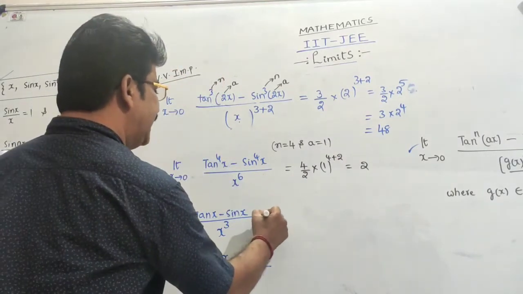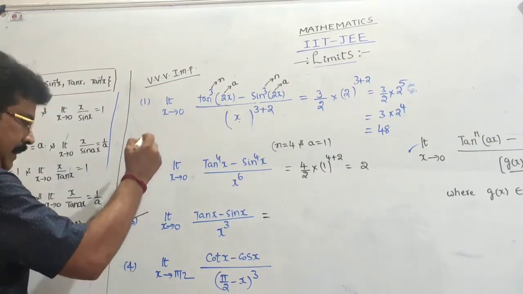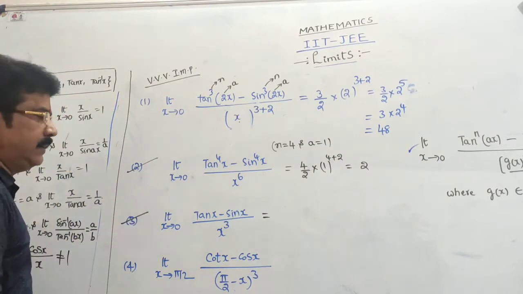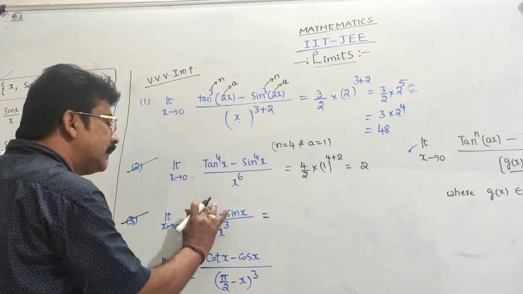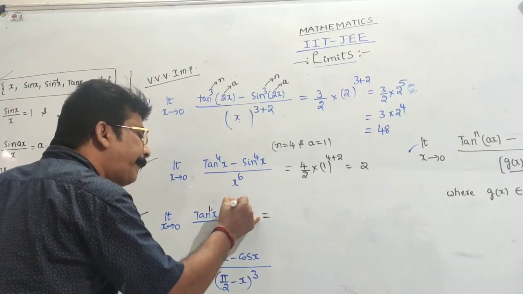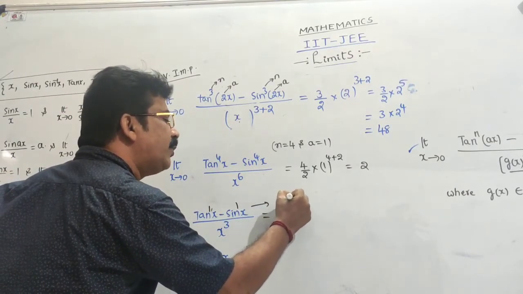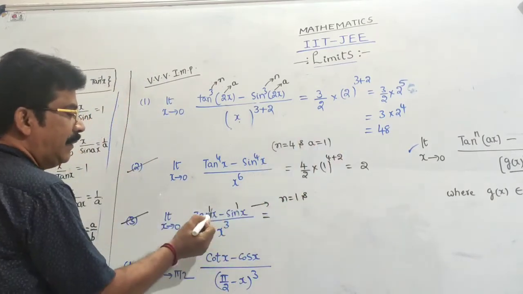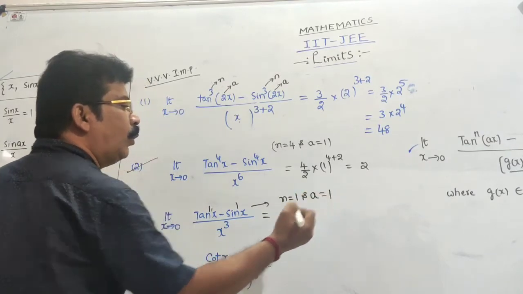Next, similarly, this one. It is also important. The most important questions are this one and this one. Understand? Here, tan power 1 is nothing but power 1. Therefore, for this question, the n value is 1. And a means the x coefficient, which is 1.